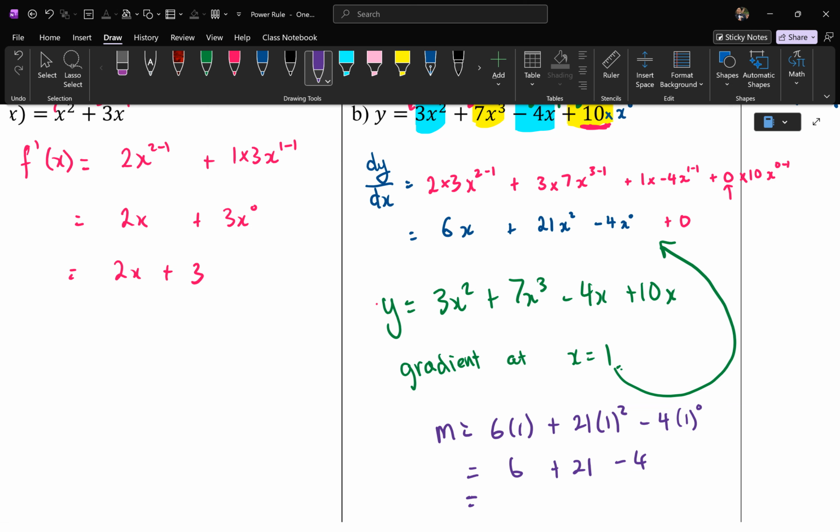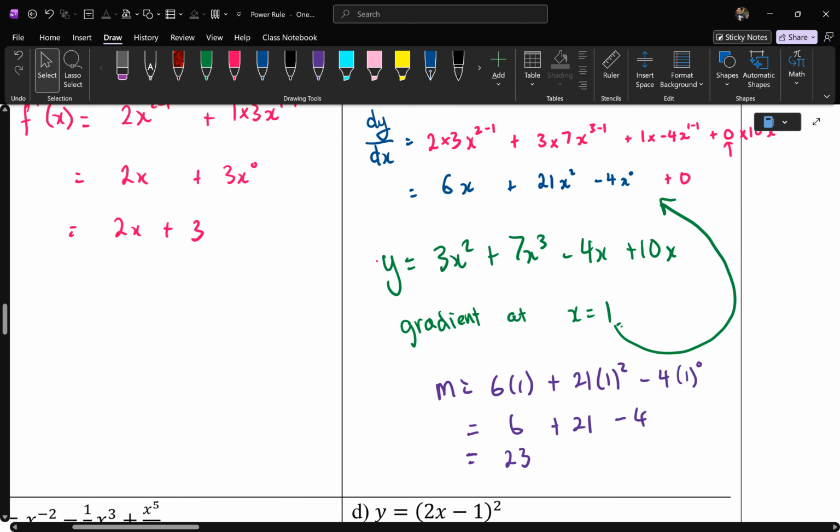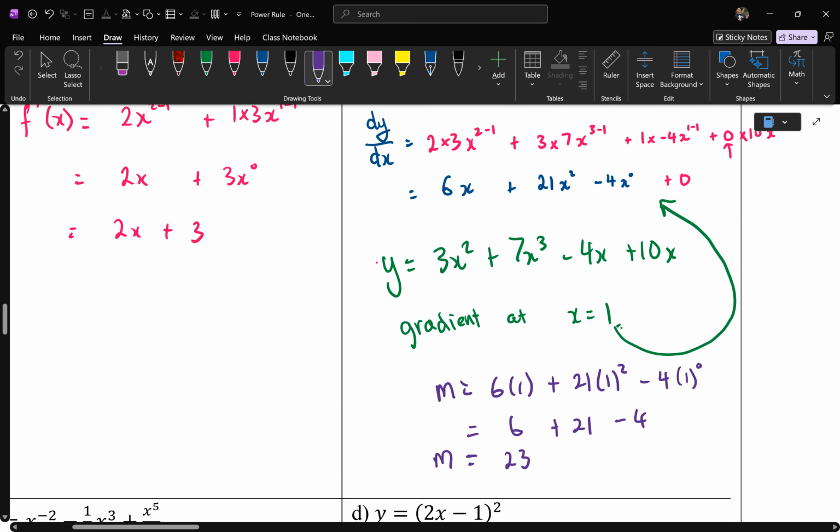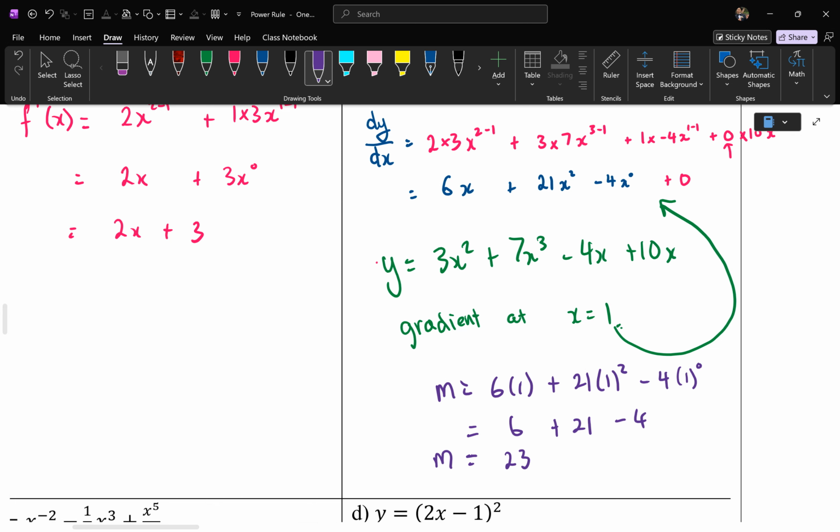Is it 23? Oh, yeah, you're right. That took me a while. 23. Let's prove this. I'm going to use a calculator to prove my point, that the gradient for this graph should be 23 at that particular point.